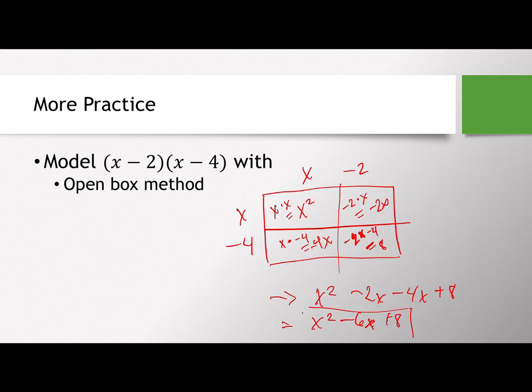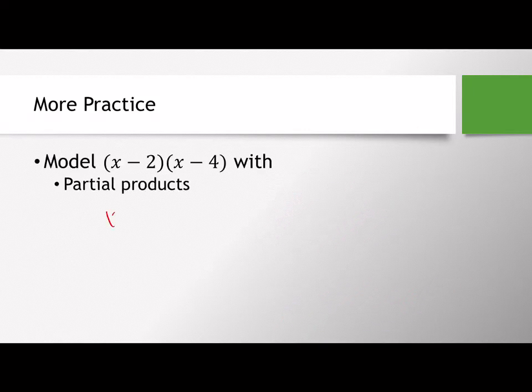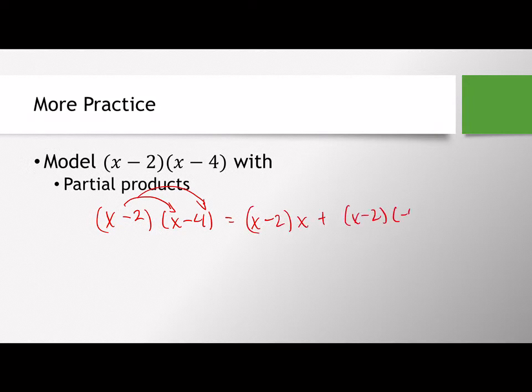We want to model this with partial products, so I'm going to write them out again horizontally. Take all of this multiplied by x and all that multiplied by minus 4. Then I'm going to go back and distribute into here and get our partial products.